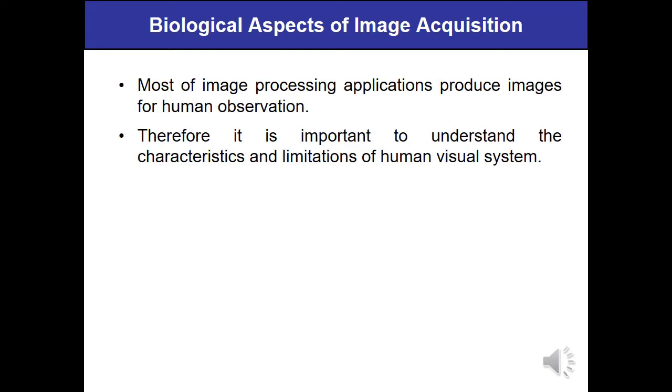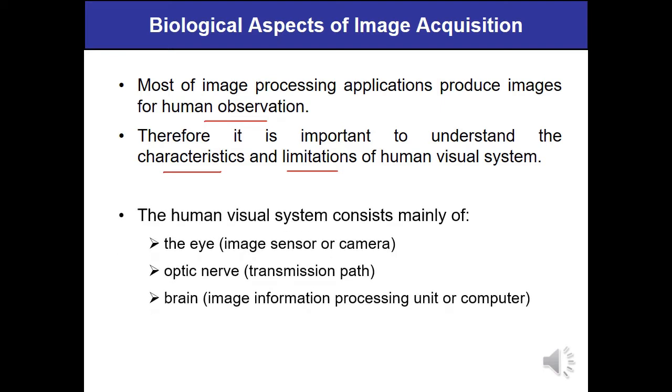Biological aspects of image acquisition. You know that most image processing applications produce images for human observation. So it is very important to understand the characteristics and limitations of the human visual system. The human visual system consists of mainly 3 parts: eye, optic nerve and brain.